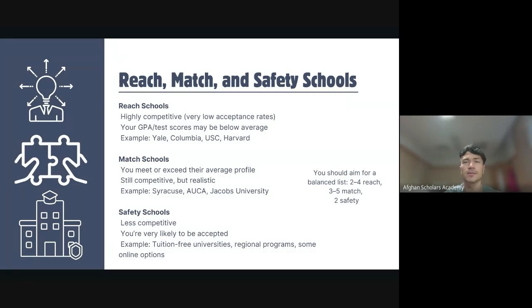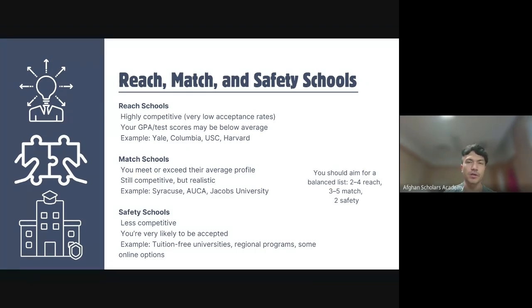If you don't, that is a match school. With match schools, you meet or exceed their average profile, but they're still very competitive, so you have to be realistic. Match schools are schools where you meet the average requirement, or you are above the average profile. If they require, let's say, a 3.6 GPA, you have a 3.7.